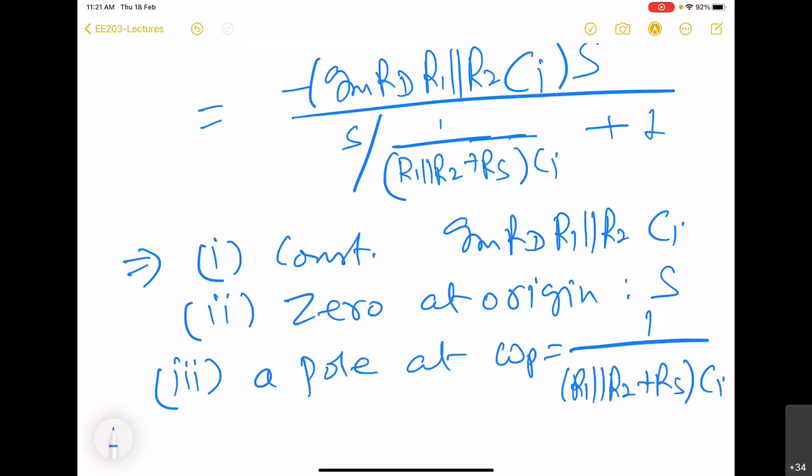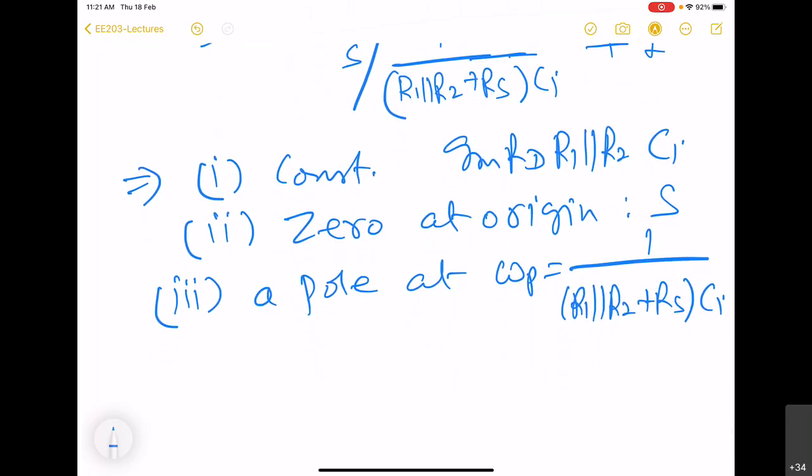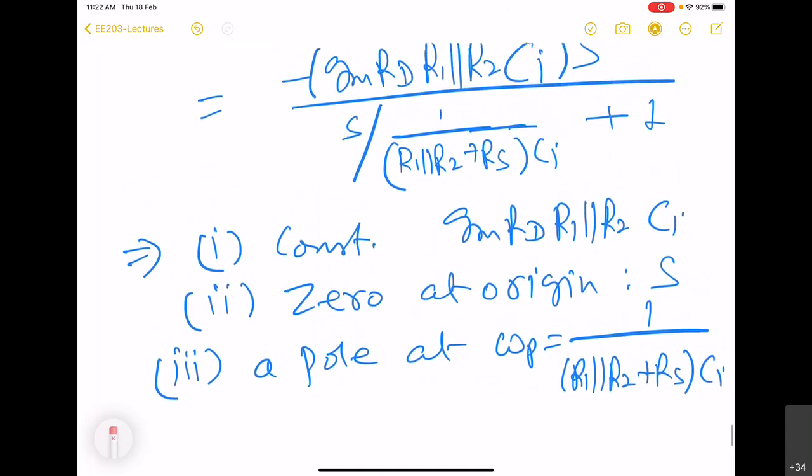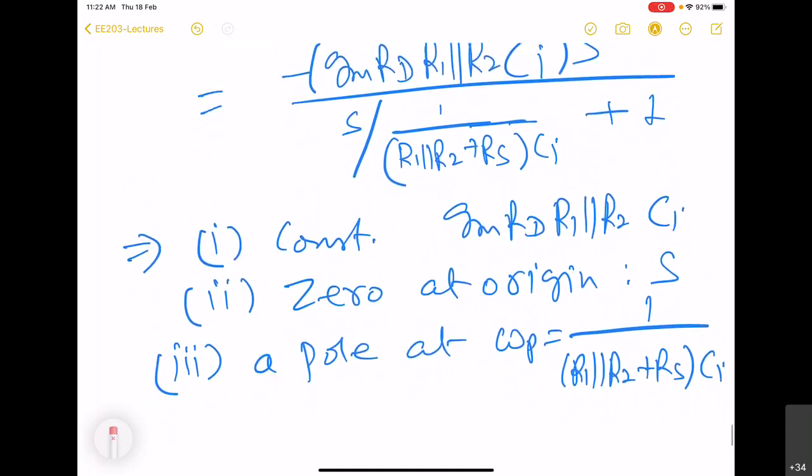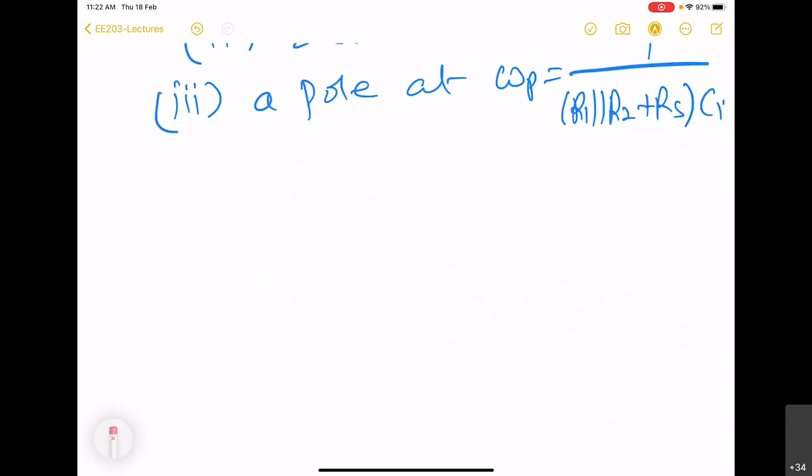Here I would like to point out one thing which we will be using later on: this pole is always of the form 1 by R into C. So keep this fact in mind. We will utilize it in future classes. Okay, so this is the transfer function, and now we would like to do the Bode plot. So there will be three curves, and the overall curve is going to be the sum of all these three curves.